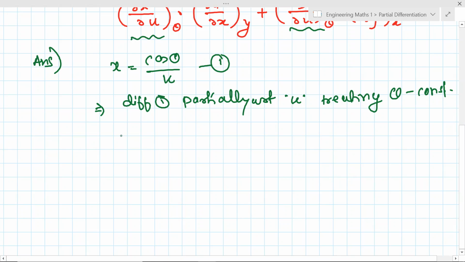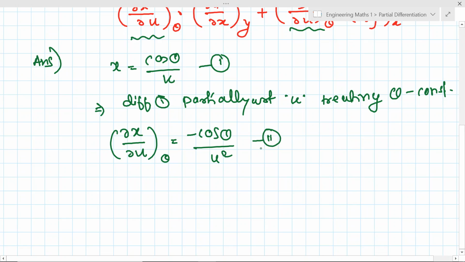So this is ∂x/∂u treating theta constant. This is equal to, what is that? Cos theta is constant as it is, and what is the derivative of 1 upon u? It is minus 1 upon u square. So my answer is minus cos theta divided by u square, isn't it? So call it as equation number 2. We'll just use this in the final answer.